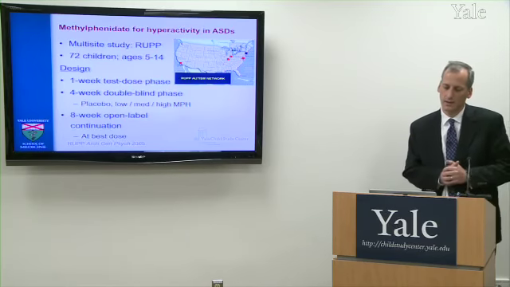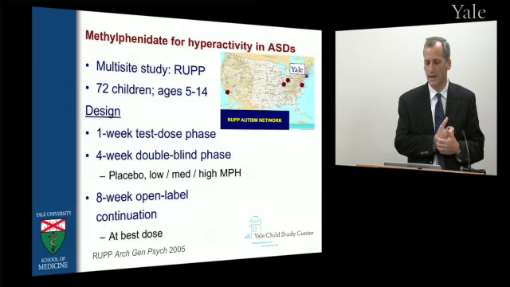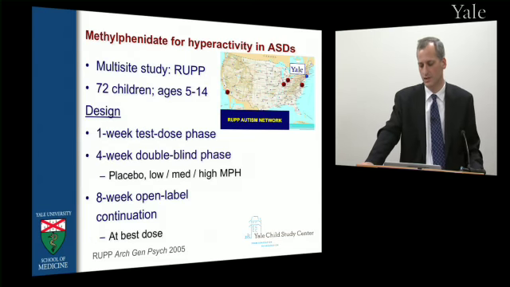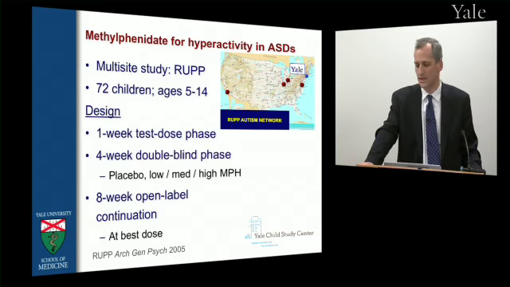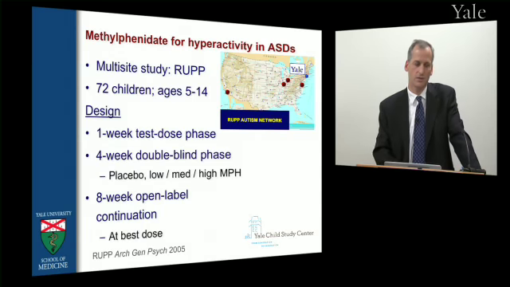Now, leaving that basic science explanation aside, what do we know about how these medications work in kids? Once again, a multi-site effort, much the same RUP network around the country. In this case, through a lot of efforts, 72 children were enrolled. Very hard to enroll.